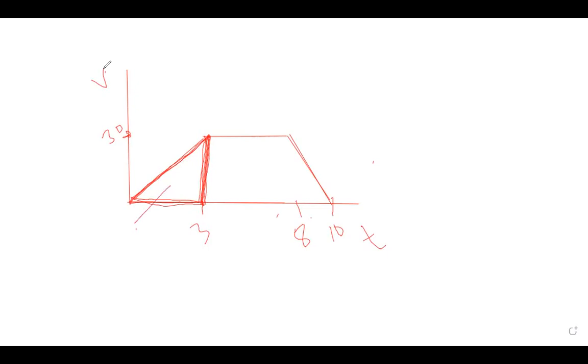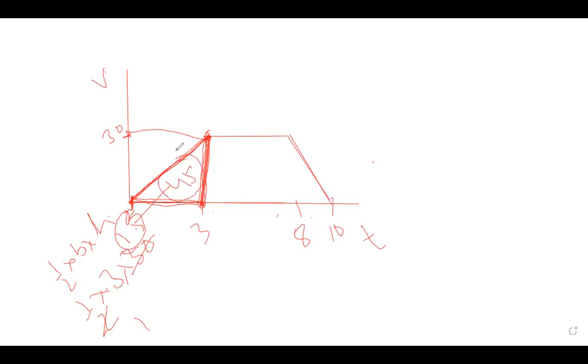The area of a triangle has a formula half into base into height. The base is from 0 till 3. Height is from here to here, 30, and multiply by half. Then 2 cut with 30, 15. 15 threes are 45. Then the area of this triangle is 45. It means the distance covered by the body in the first 3 seconds is 45 only.